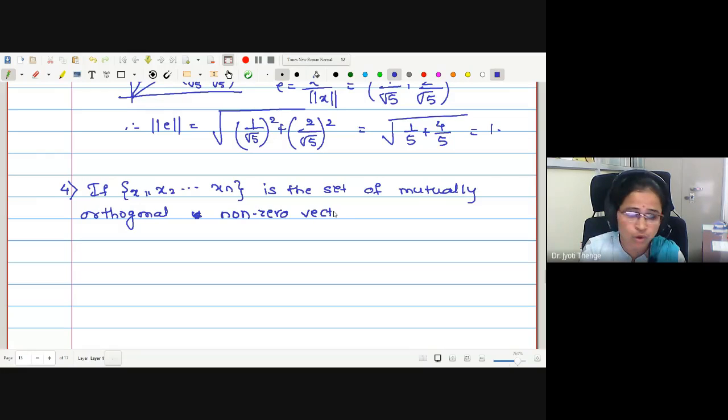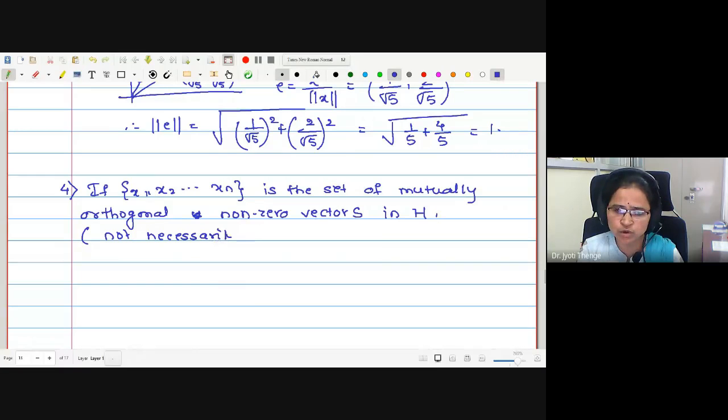Mutually orthogonal non-zero vectors in H. In the bracket I will write not necessarily unit vectors.